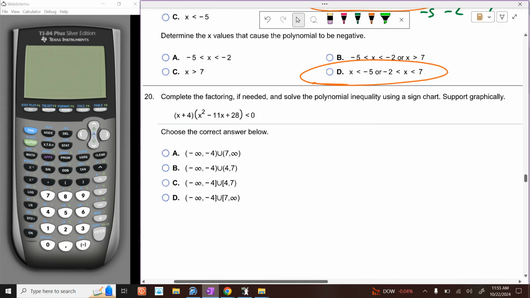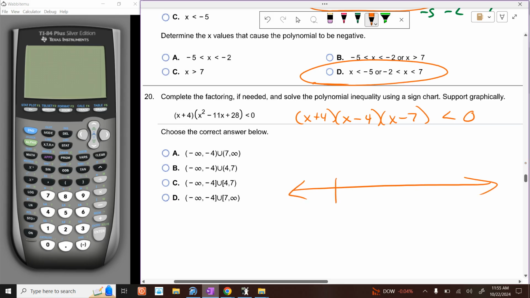For this one, okay, factor it. So we have x plus 4, x minus 4, and x minus 7. So our roots on our number line are -4, 4, and 7.